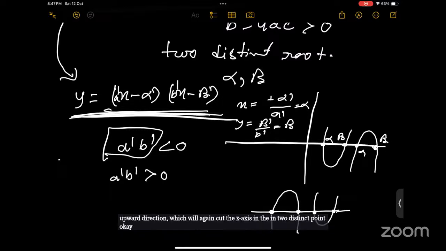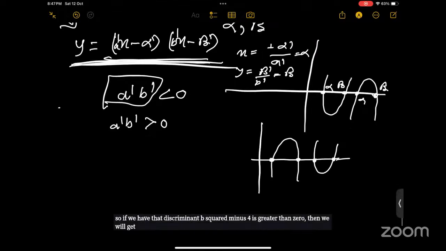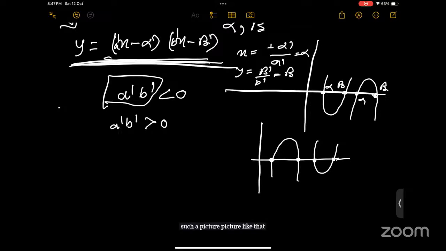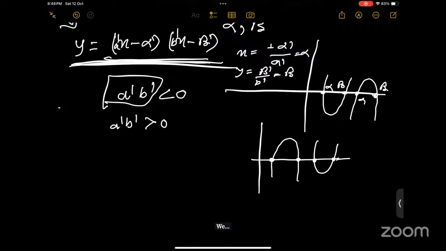So if the discriminant b square minus 4ac is greater than 0, then we will get such a picture. It can be in a downward direction or in an upward direction, but it will always cut the x-axis in two distinct points.